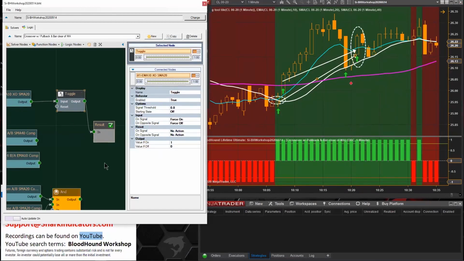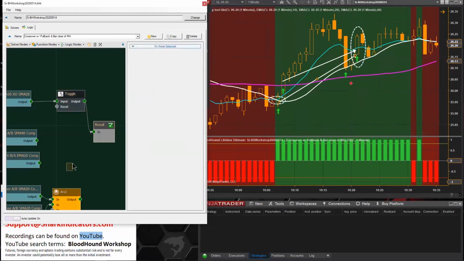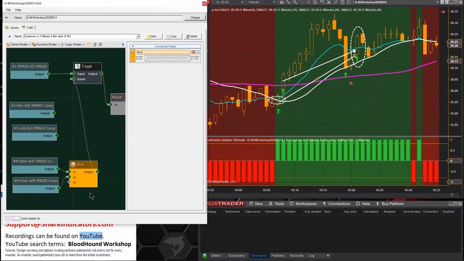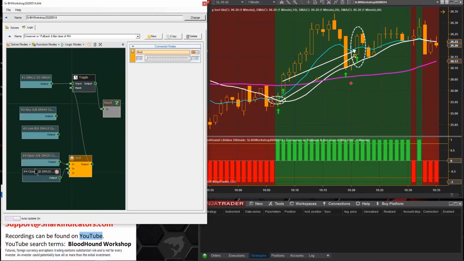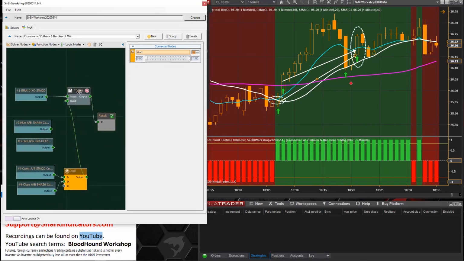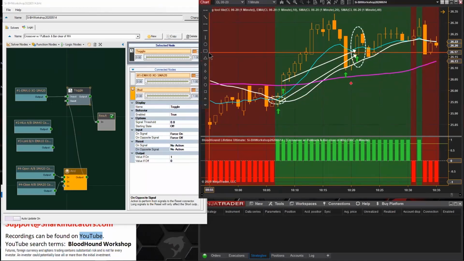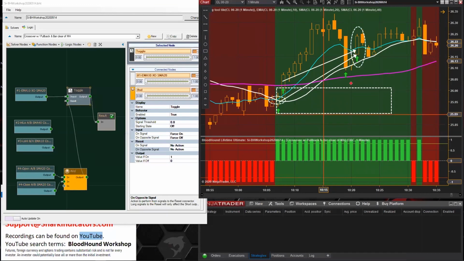So the next thing we're going to need to do is take our disqualifier. Remember, rule number 4 here can also act as a disqualifier, so I connected it into the reset of the toggle. Right now the toggle node is holding on to a long output here.